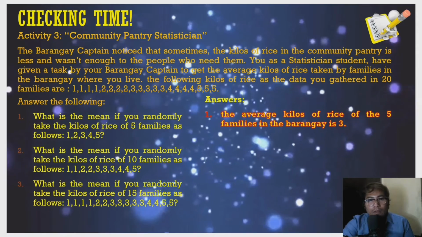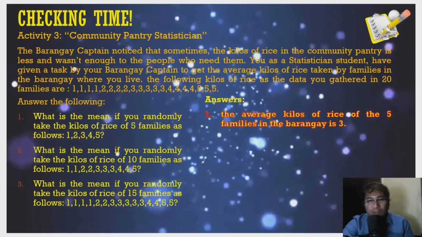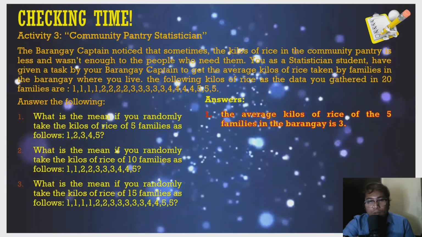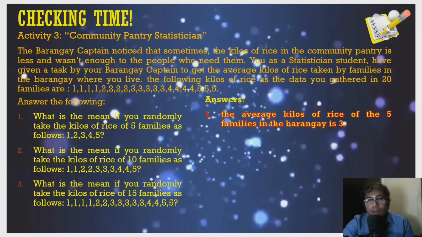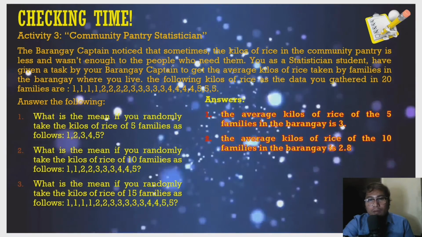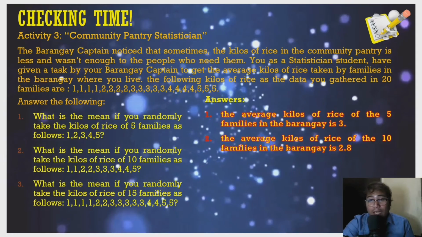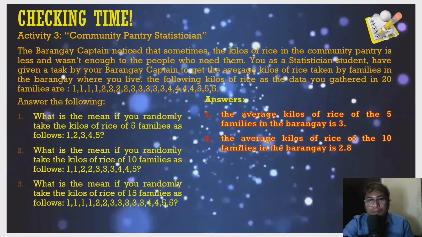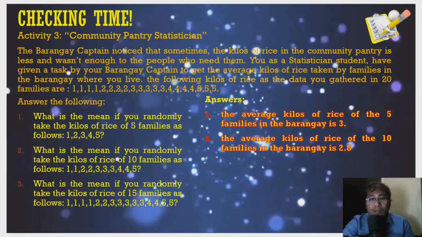Next, we have number 2. What is the mean if you randomly take the kilos of rice of 10 families: 1, 1, 2, 2, 3, 3, 3, 4, 4, and 5? Add all those numbers and divide by 10, and you will get an average of 2.8 kilos of rice for the 10 families in the barangay. For number 3, what is the mean of the kilos of rice of 15 families?